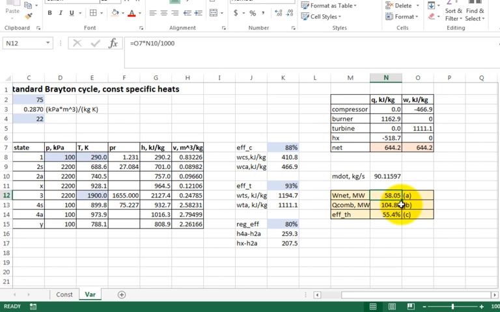It was 51.5 and now it's 58.1. It changed a little bit numerically for the variable specific heats. And then the same for the heat that goes into the combustor. And then the thermal efficiency, instead of being 53.8, is 55.4. And there you're done.